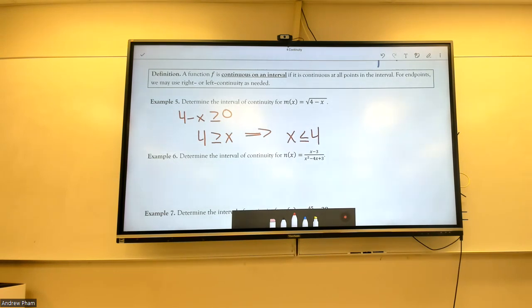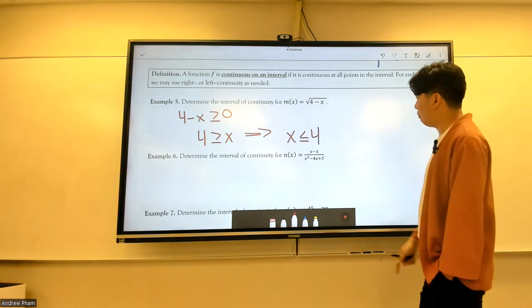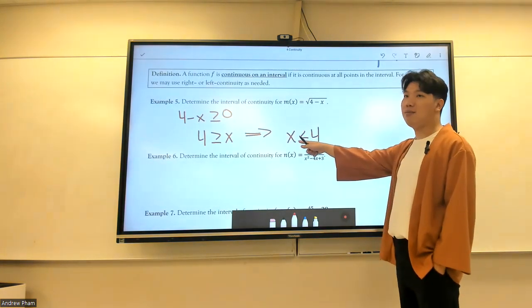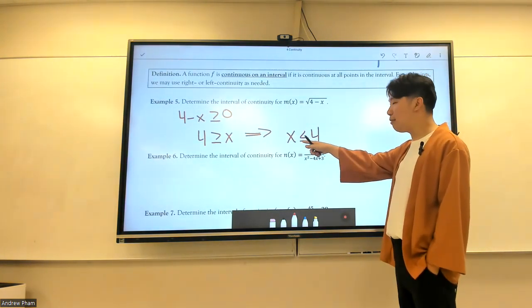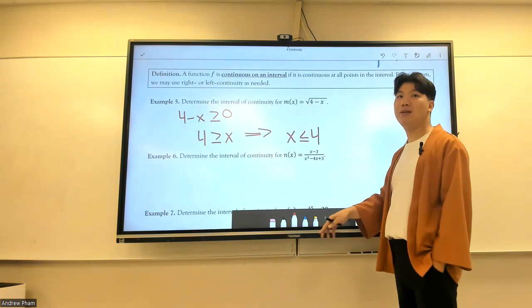So can you tell me what this looks like in interval notation? Anyone remember interval notation? We'll do a very short review. Whenever I look at this, x is less than or equal to 4.